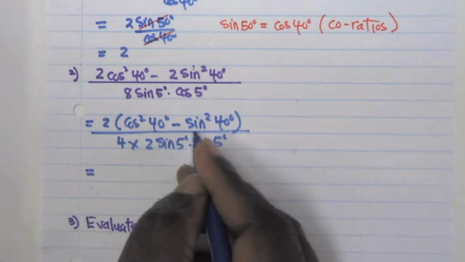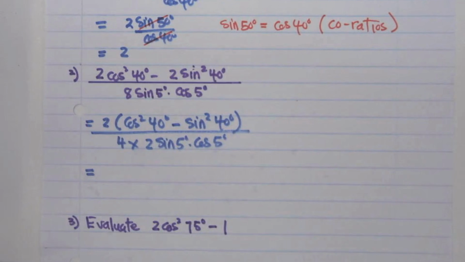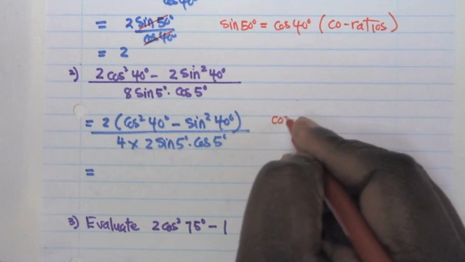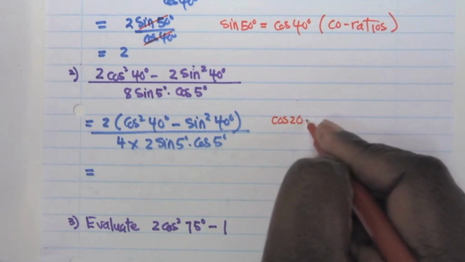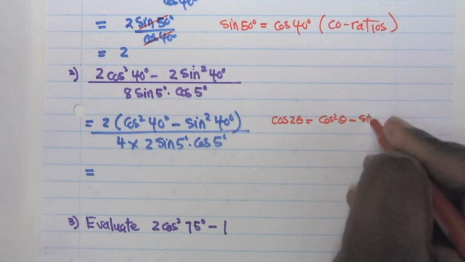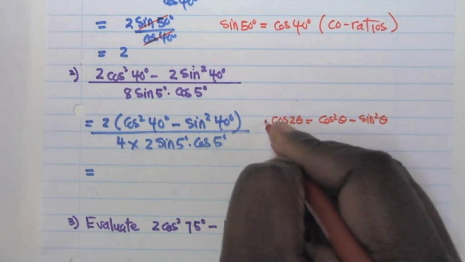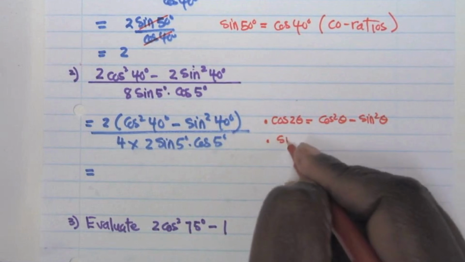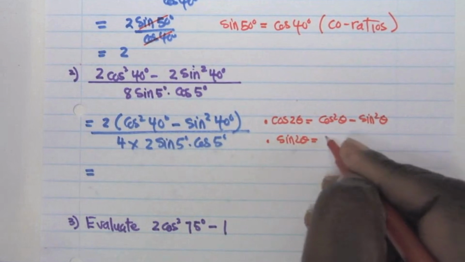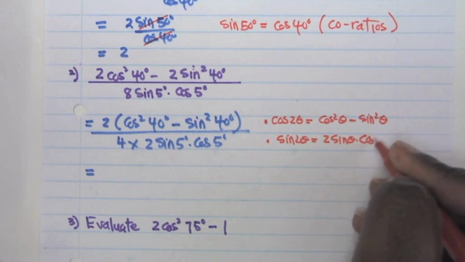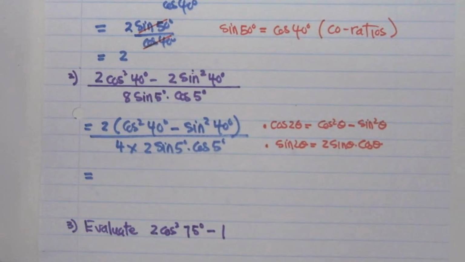I have an identity there at the top there. We need to check these identities. Cos 2 theta is equal to cos squared theta minus sine squared theta. And at the bottom here, I can also see that sine 2 theta is equal to 2 sine theta cos theta here. We must check the side of the identity that we are given.